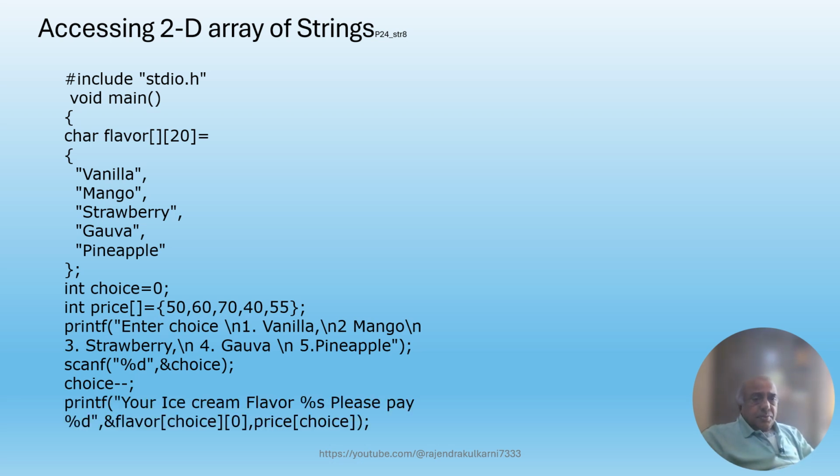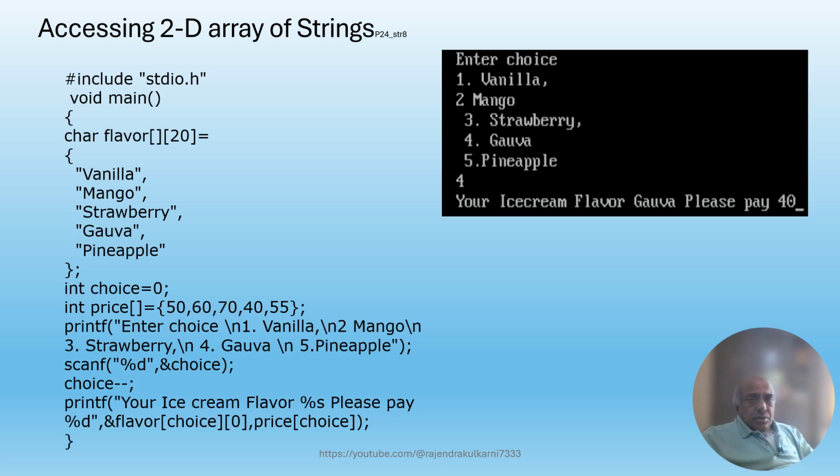Then there is a simple printf statement. Printf, your flavor is so and so, and you have to pay that much amount that has been mentioned in array price for that particular element number. So this is the screenshot.